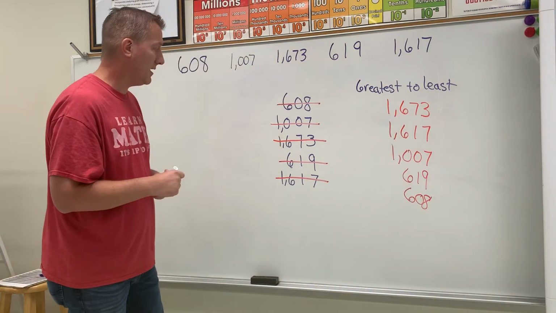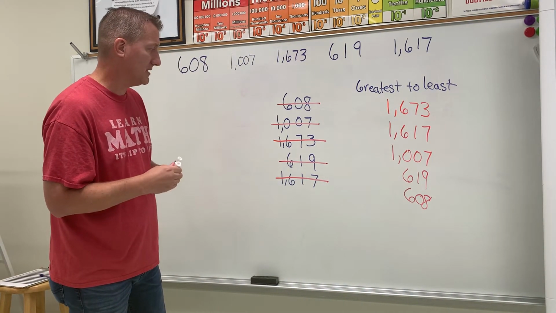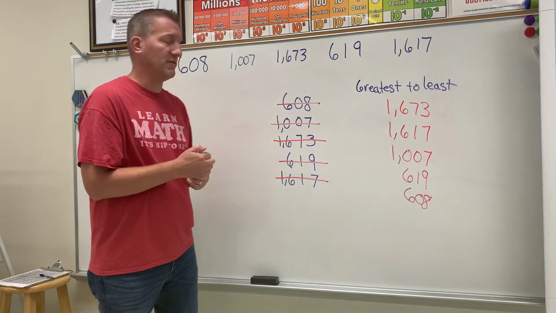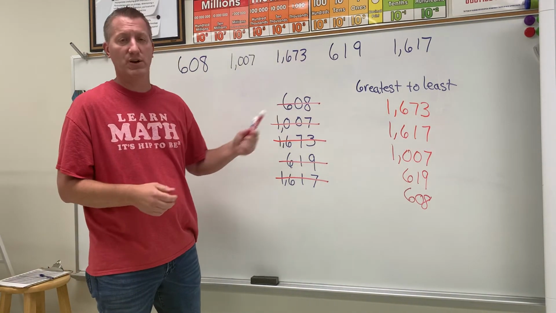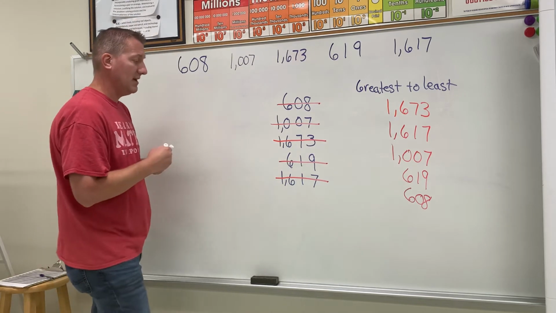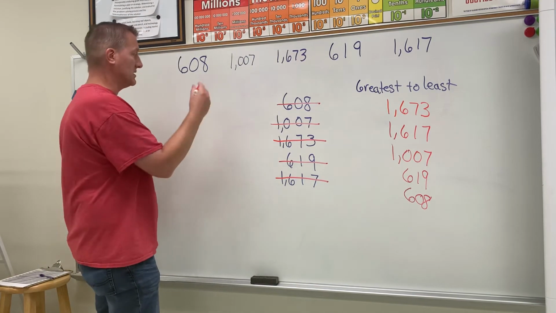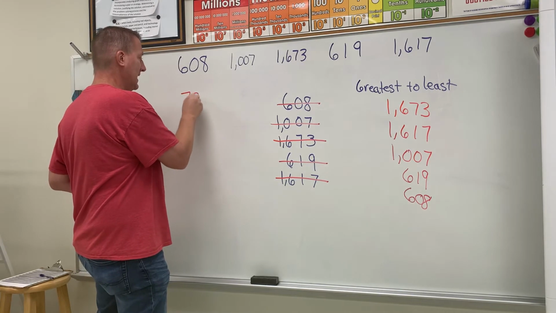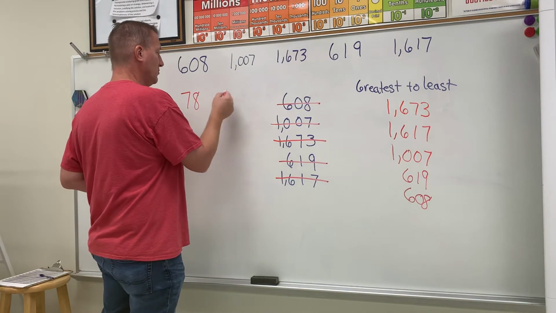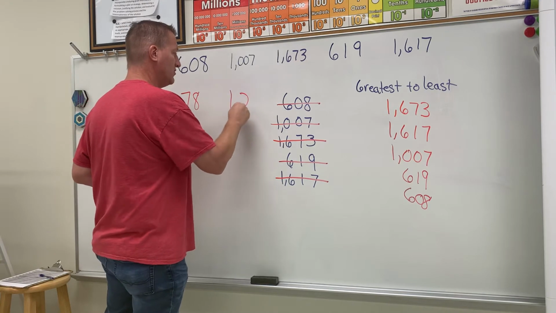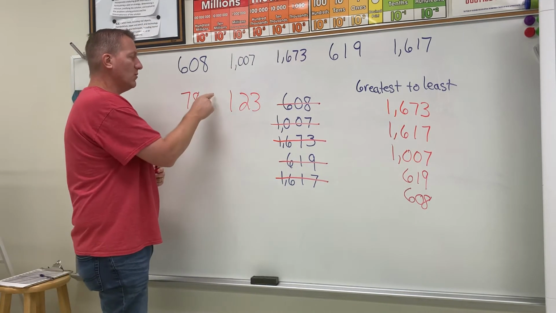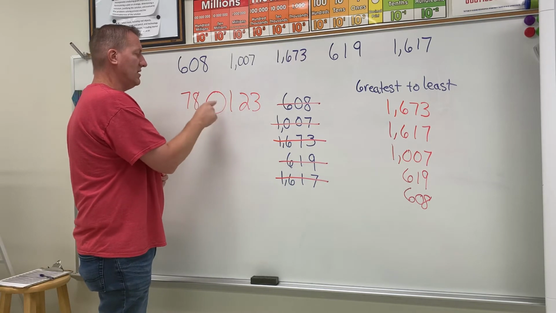There's one more thing I would like to show you. Now this is if you were comparing 5 different numbers, if you were putting those 5 in order. I didn't show you yet if you're just comparing 2 numbers. For example, if I'm comparing 78 to, let's say, 123, how do I know which one is greater?